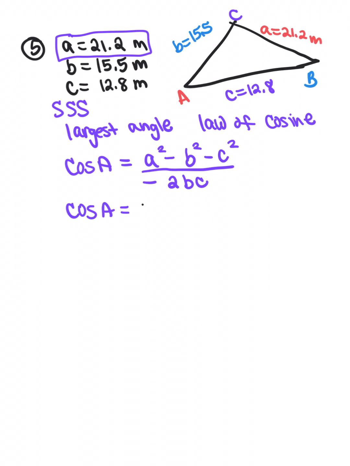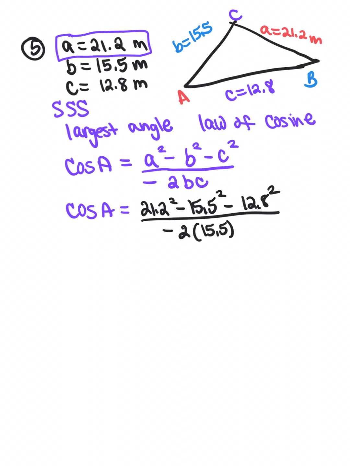So A is 21.2 squared minus B, which is 15.5 squared, minus C, which is 12.8 squared, all over negative 2 times B, 15.5, times C, 12.8. And then we're going to take the inverse cosine of both sides to find A.